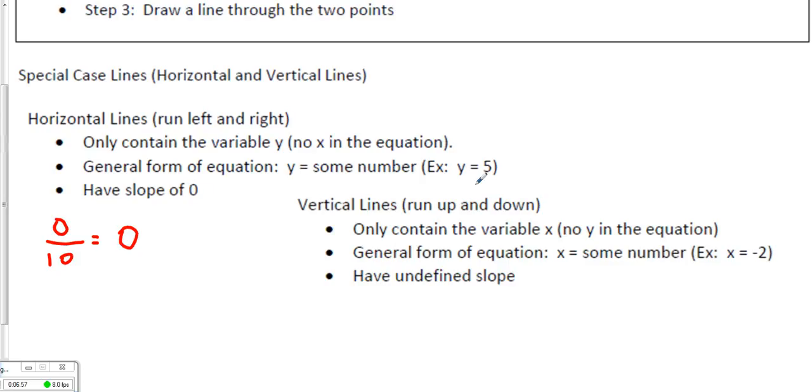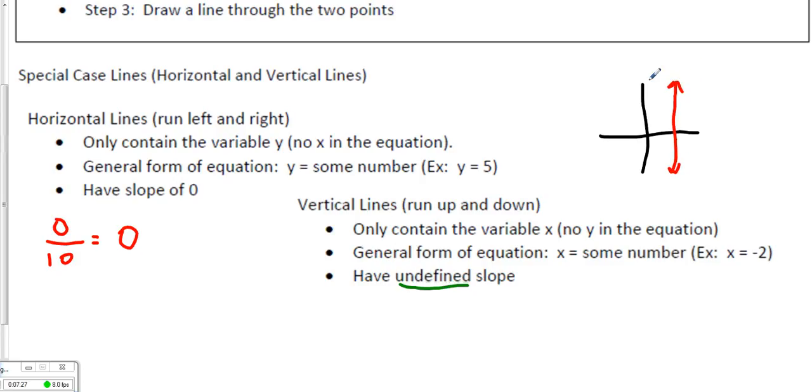Vertical lines, on the other hand, run up and down. They only contain the variable x. There's no y in the equation. The general form is x equals some number, like x equals -2, and their slope is what we call undefined. Here's why. Let me make a graph of it really quick. Here are my axes, and it's a vertical line, so it looks something like this, moving vertically.